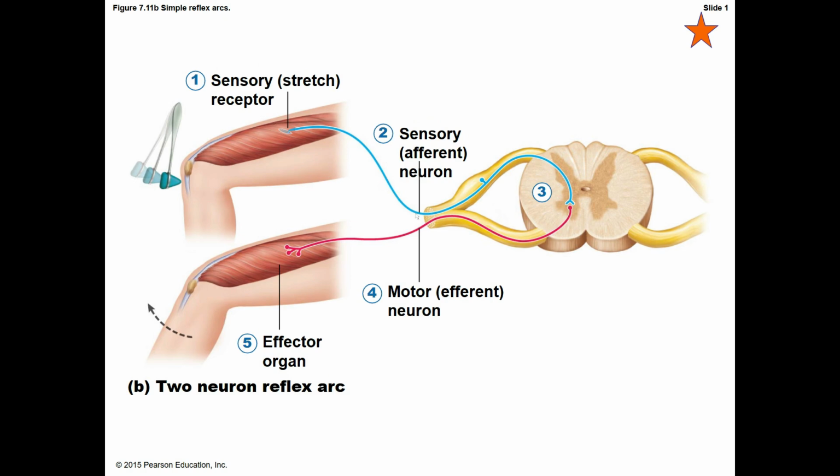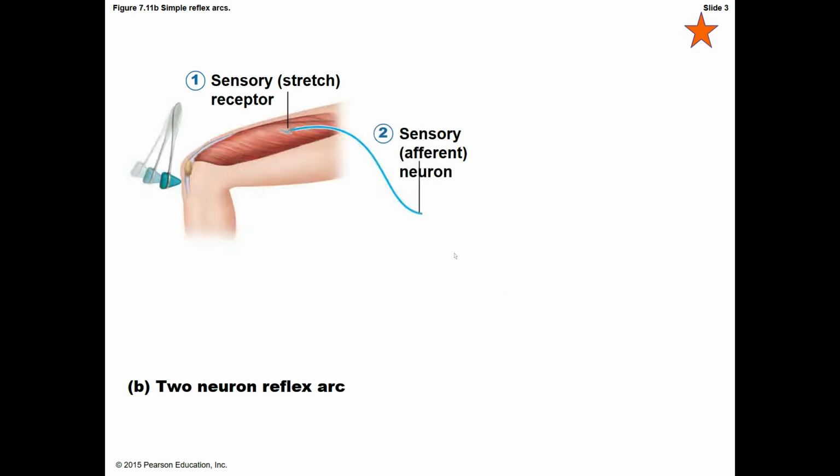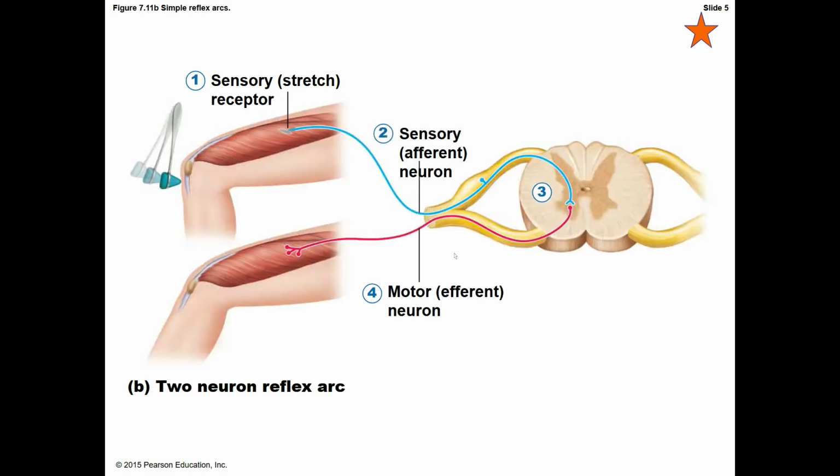The sensory afferent neuron is going to take the signal back to the spinal cord where it gets integrated and right back out to the motor efferent neuron. There's no actual third integrative neuron here in the spinal cord. It's just from the afferent to the efferent. So just kind of walking you through that.